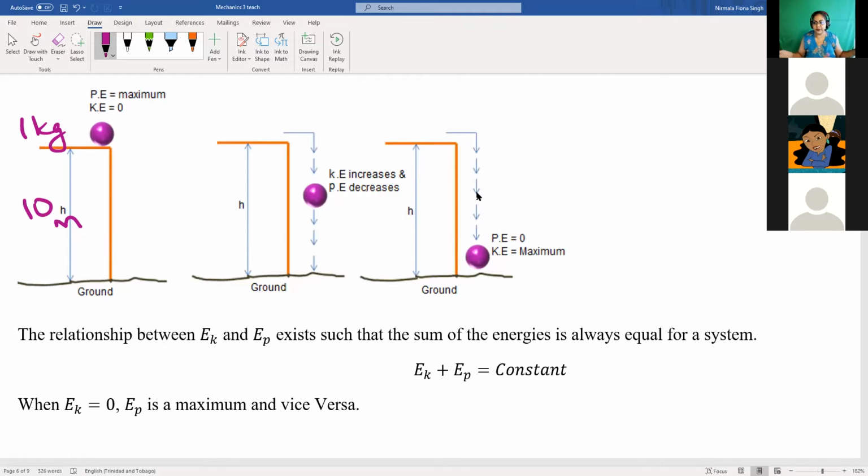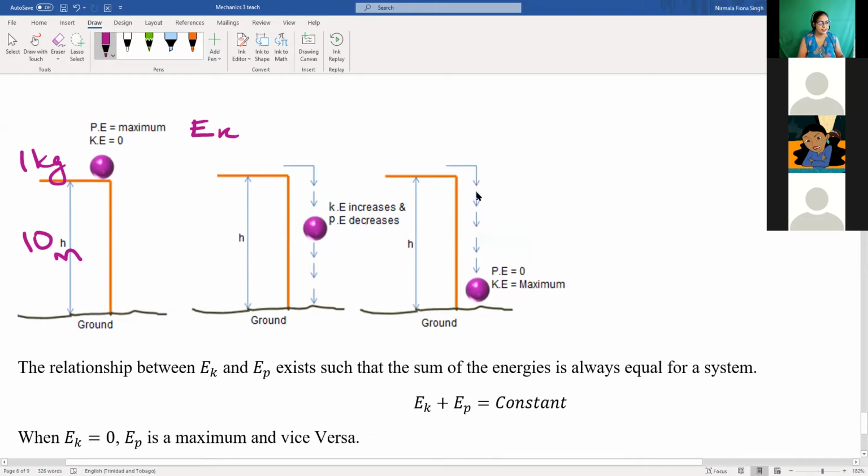It's not moving. So if I'm not moving the ball, it's just sitting there, let's see what we will have. Our kinetic energy, when it's sitting at the top here, the velocity is 0. So let's see how we get our numbers.